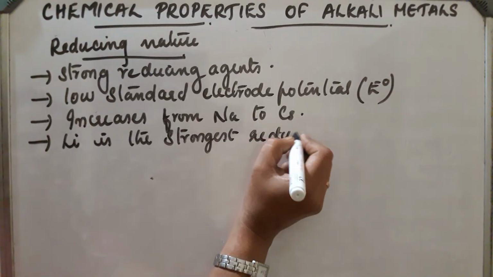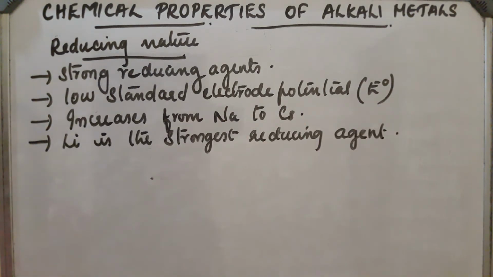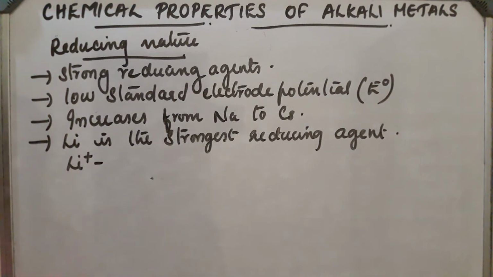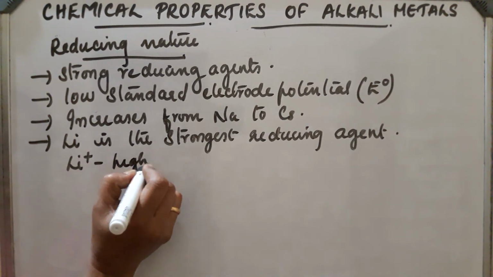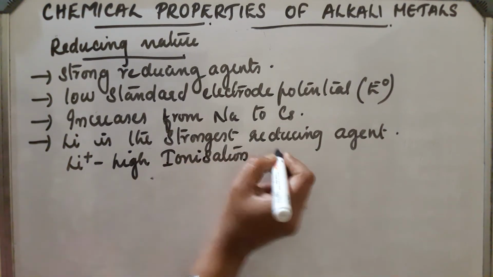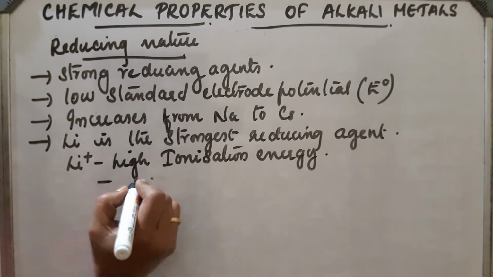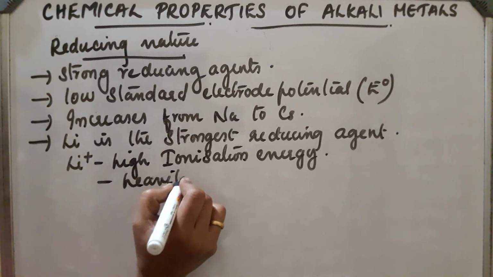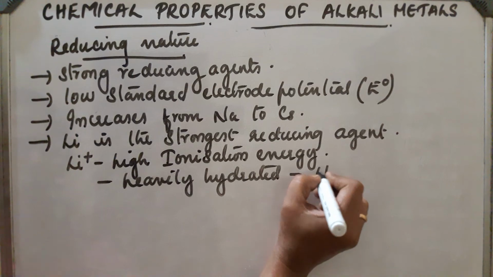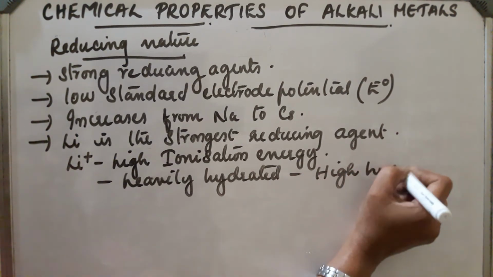because lithium is smaller in size, that is the lithium plus ion is smaller in size and has high ionization energy. Okay, high ionization energy, but in aqueous solution they are heavily hydrated and have high hydration enthalpy.